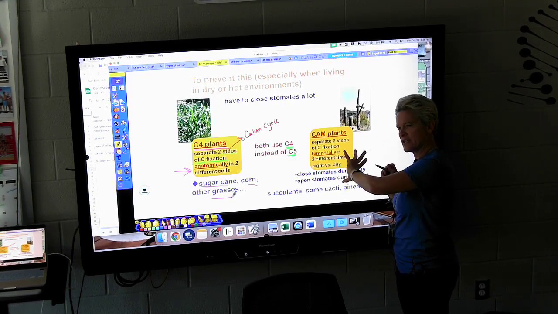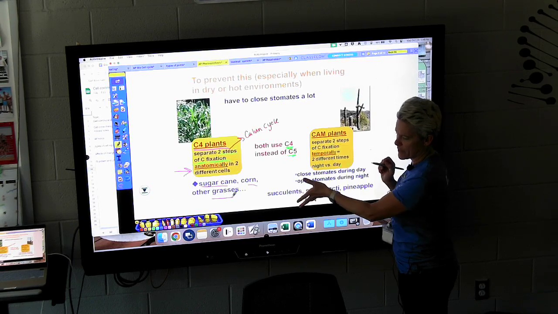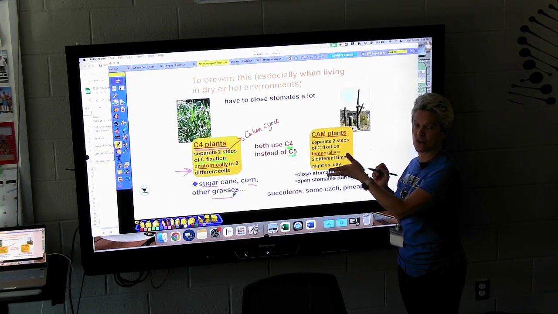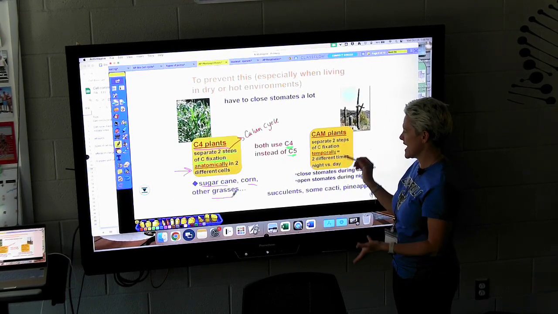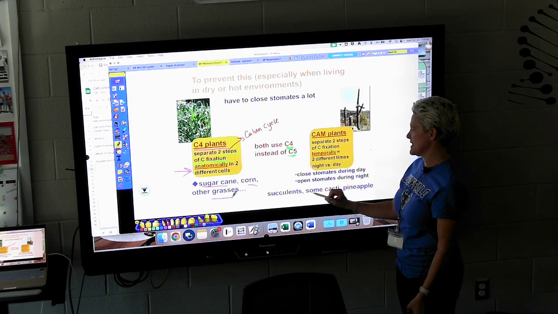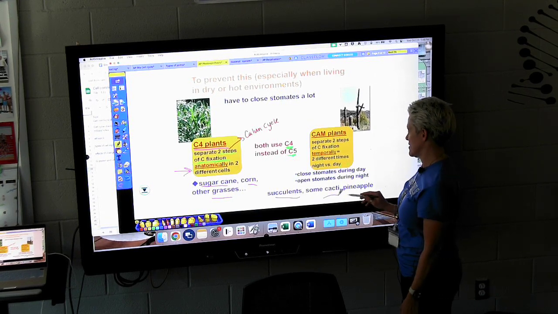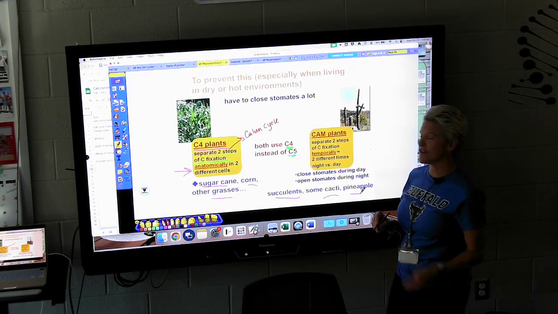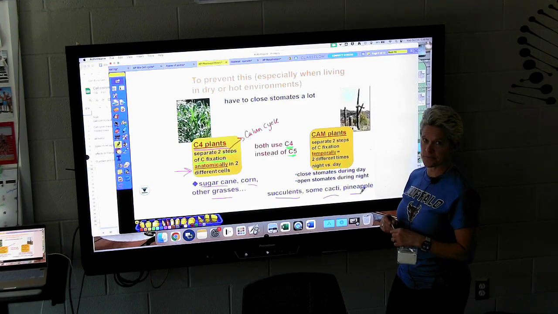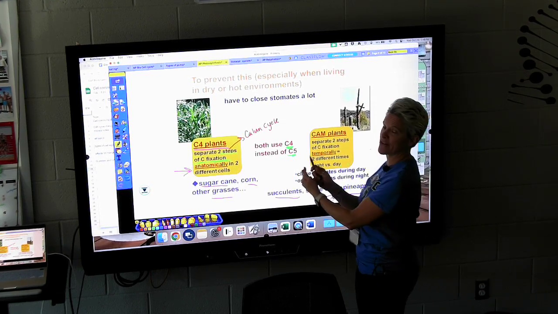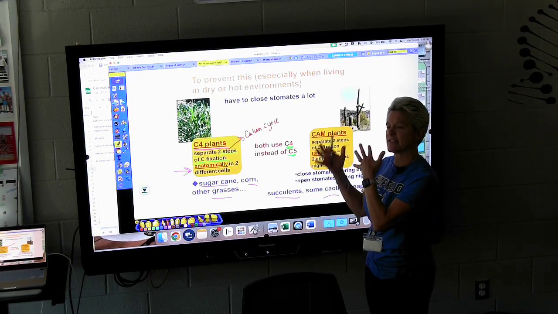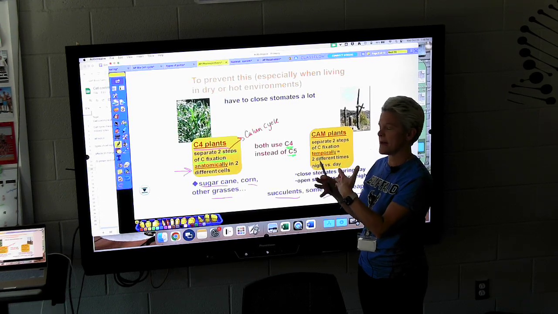One part they can do at night when the stomata are open. One part they can do during the day when the stomata are closed. All right, and those are called CAM plants, and this cactus. All right, and pineapples are another good example of CAM plants. What these both have in common is the ability to separate that Calvin cycle into two steps.